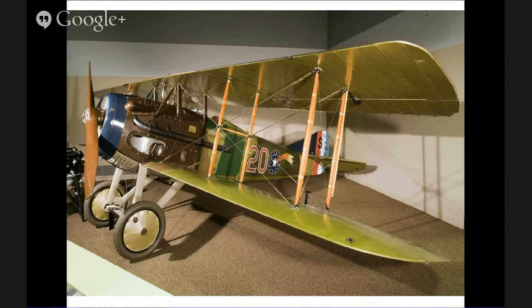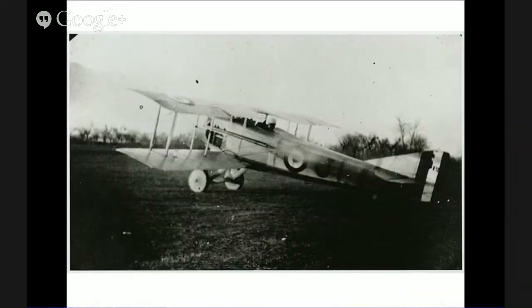But once again, we're talking about wings, airfoils, wing shapes, and if you look carefully at here's another picture of the SPAD 13, it's got thin wings, thin airfoils, I should say.